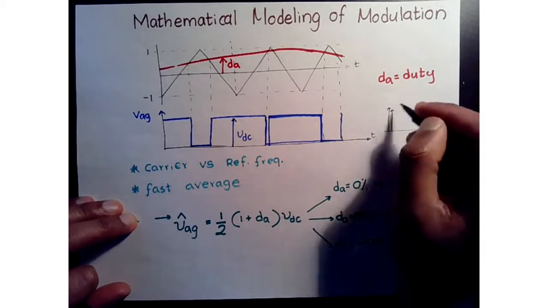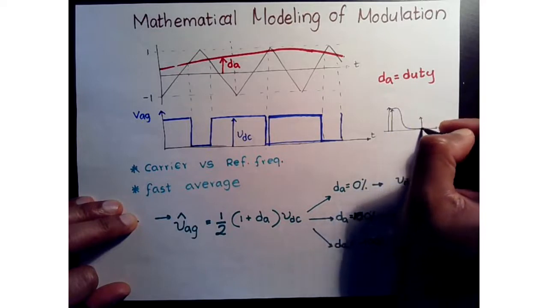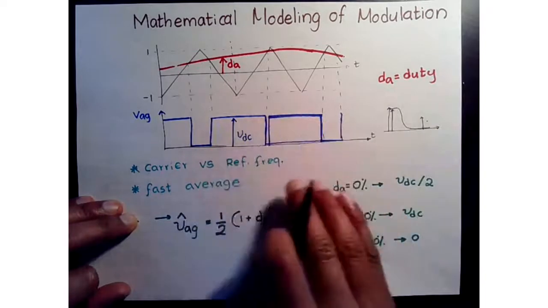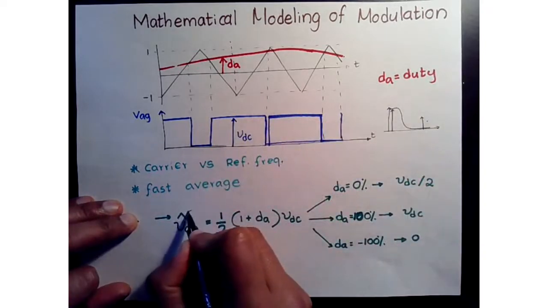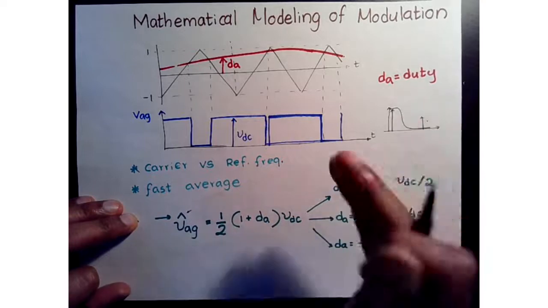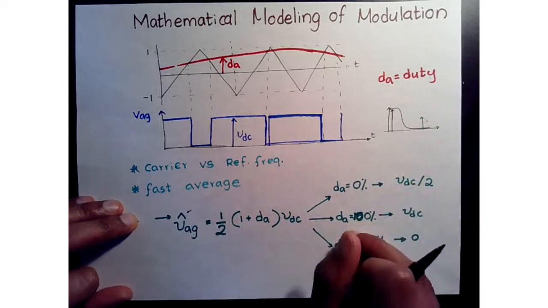So without losing any information, we can assume we have a low pass filter to remove the high frequency content, and that way we have an average signal. So this hat represents that filtered or averaged out signal to simplify our analysis.